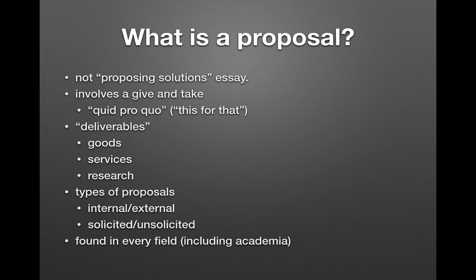External. So the money is coming from somewhere else, and we're going outside the organization. External proposals are used increasingly in different professions as a way to make up maybe some shortfall in funding.